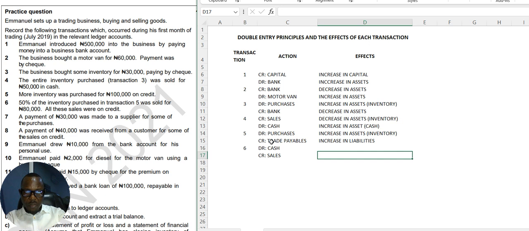Inventory has gone out, so you say decrease in assets, because inventory is your asset. Then increase in assets, which is your cash. Correct. Decrease in assets will now be a decrease in, let's say, inventory.